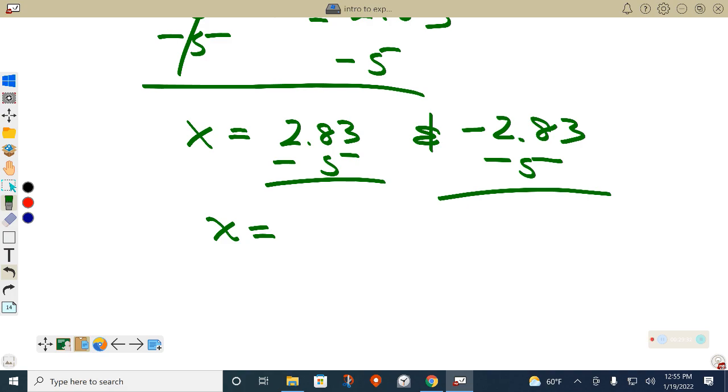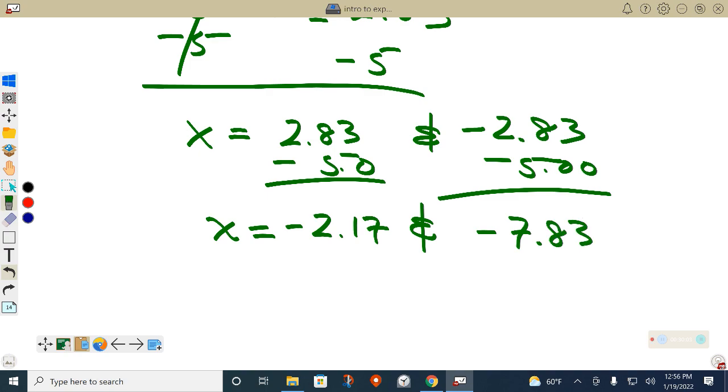Let's see. 2.83 minus 5.0. Negative 2.17. Positive or negative? Nice. And that's one solution. The other one's going to be negative 7.83 if my coffee has kicked in.